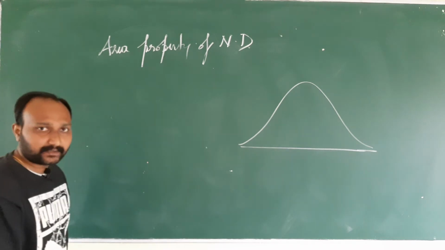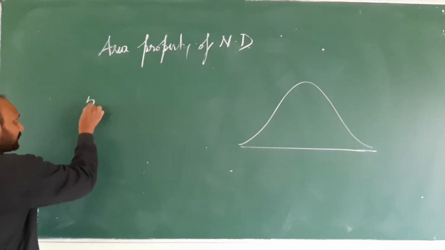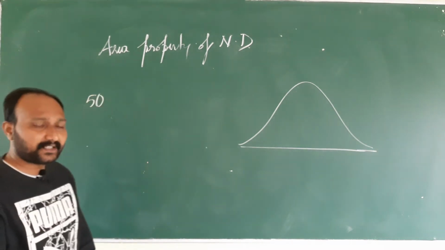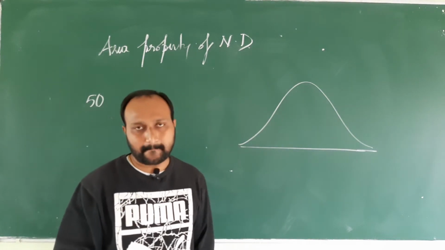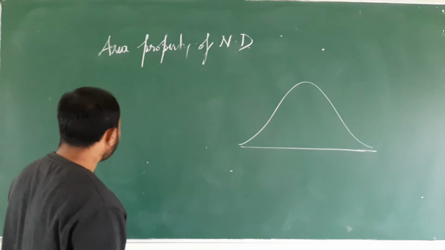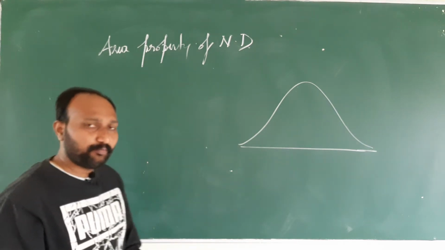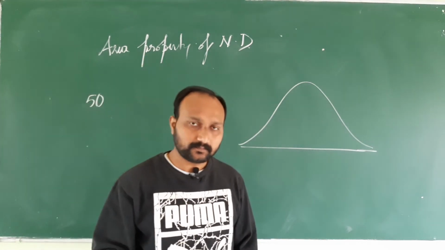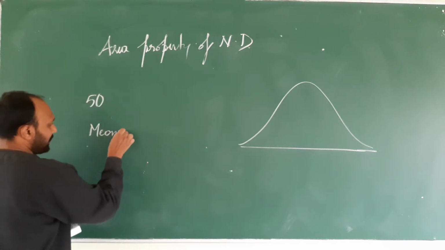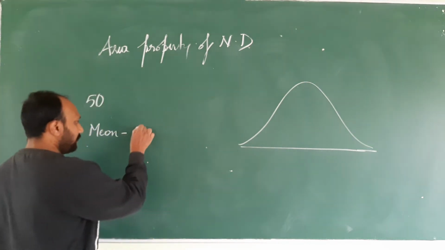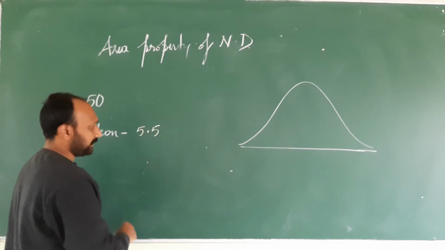Please notice here. Let us say that we have visited a particular school or a class having 50 students. After visiting these 50 students, we have measured their heights. Their mean height is, let us say, 5.5 feet.